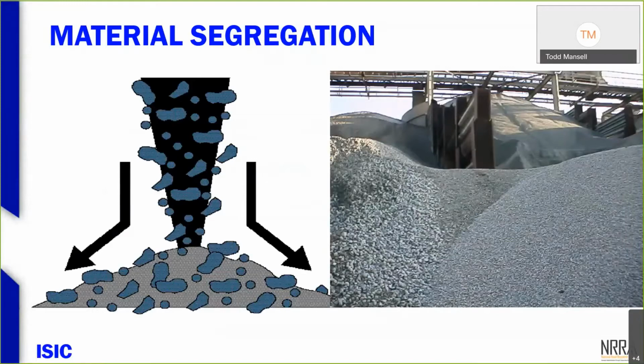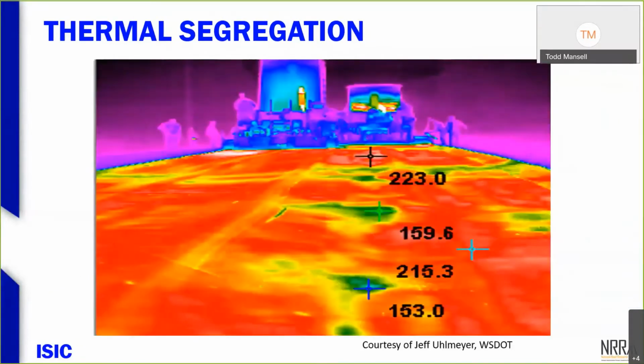The basic thing here with material segregation is handling of the aggregates or the hot mix once it's produced at the plant. Generally, large rocks want to roll to the outside of piles and all that sort of thing. So we'll talk a little bit about material segregation, and then you'll get a lot more today on thermal segregation.